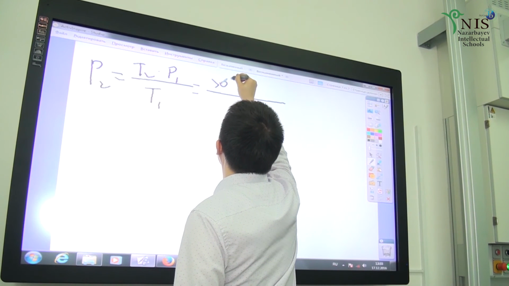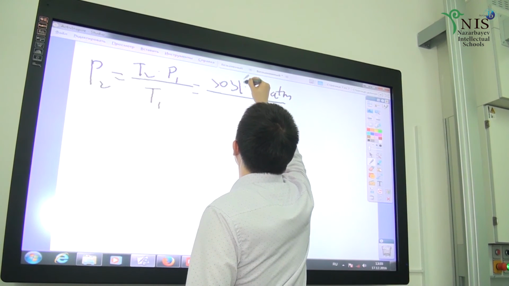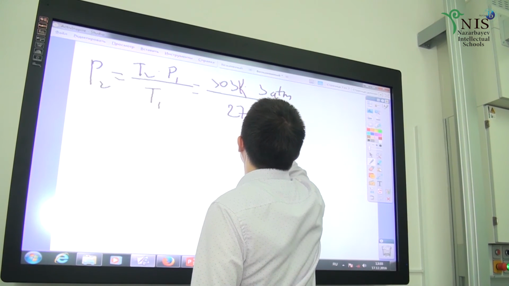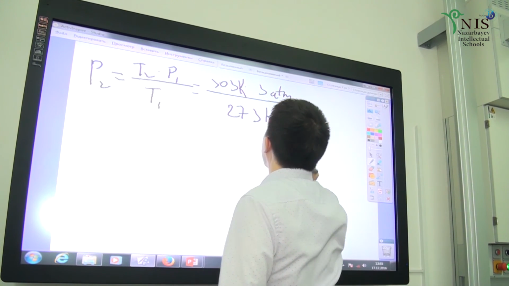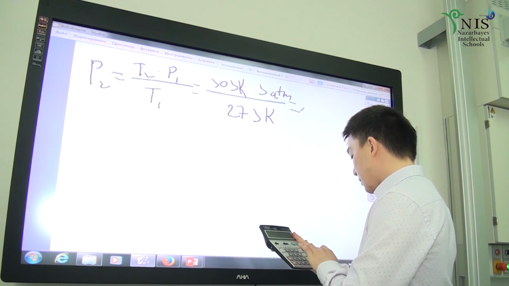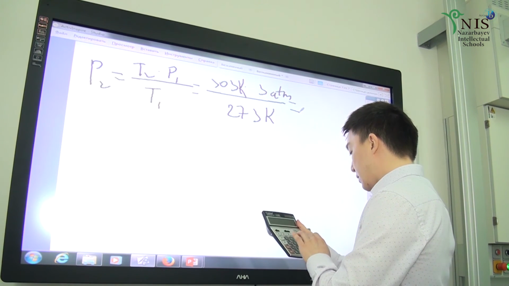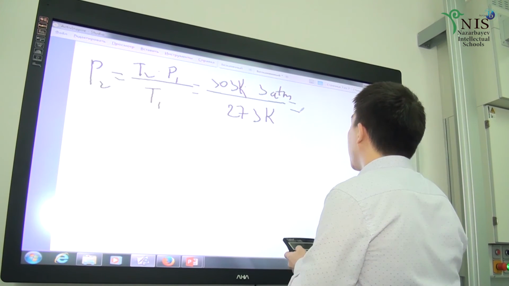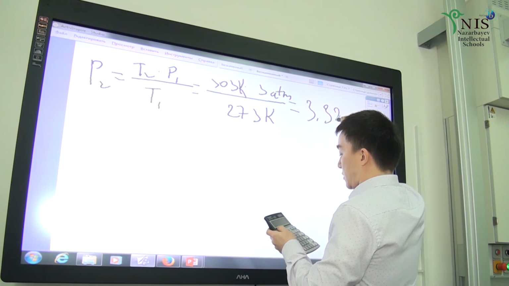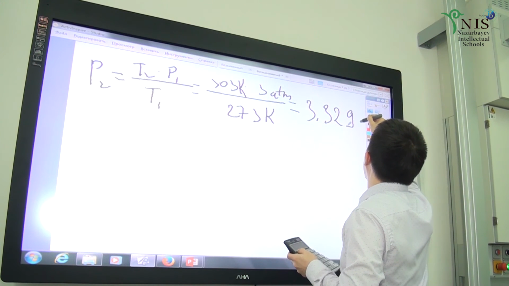So 303 multiplied by 3 atmospheres and divided by 273 Kelvin. Let's calculate our result. So 303 multiplied by 3 atmospheres divided by 273 Kelvin. So our result is 3.329 atmospheres.